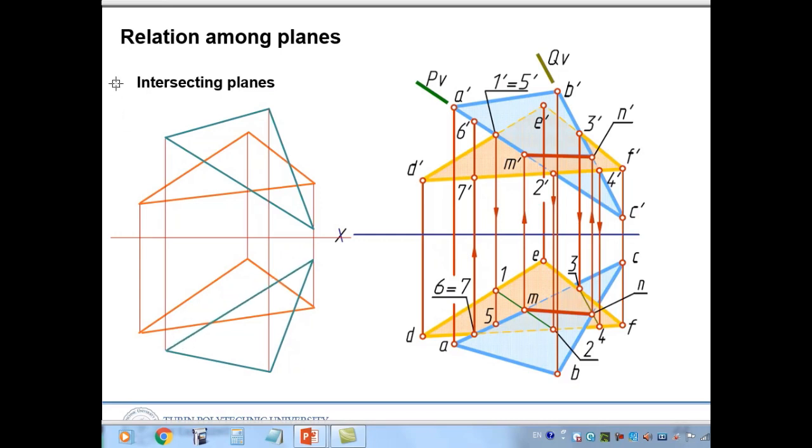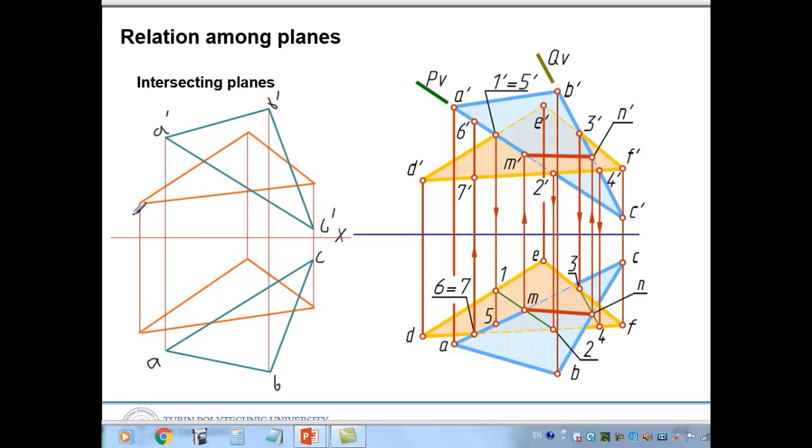Like this. Okay, so those are the plane triangle A, B, C. That is A dash, B dash, and C dash.